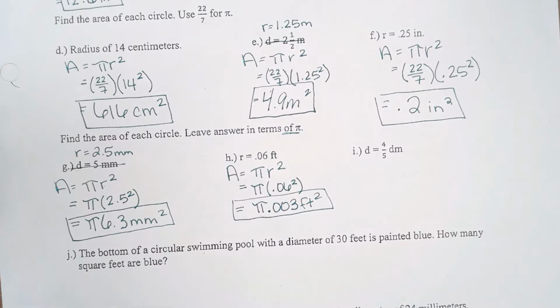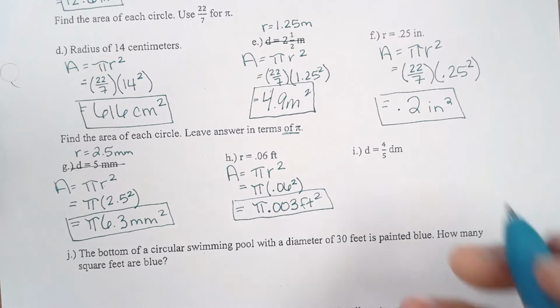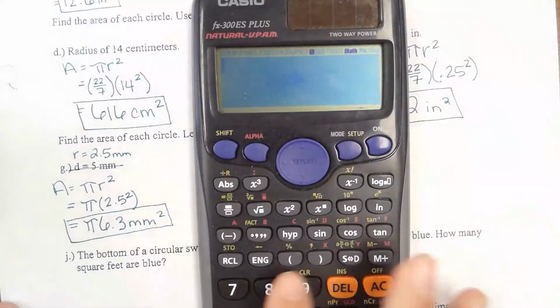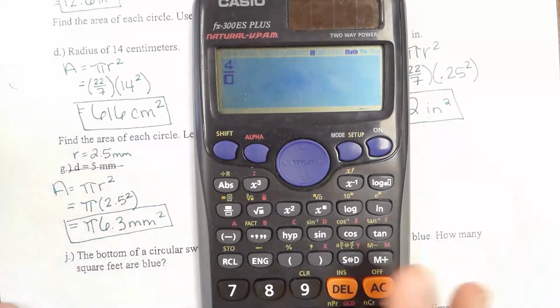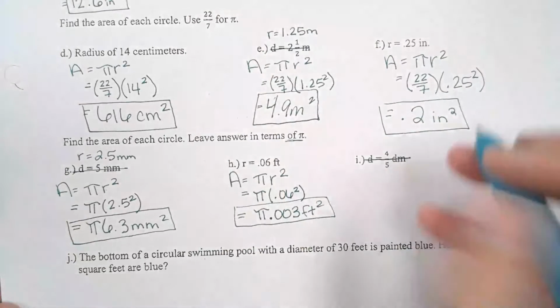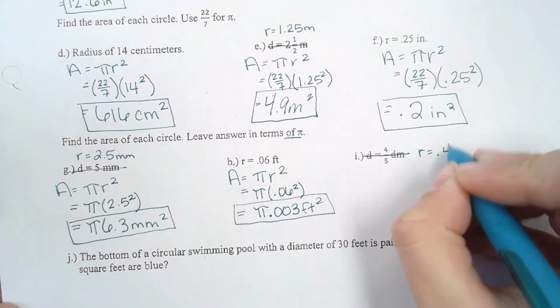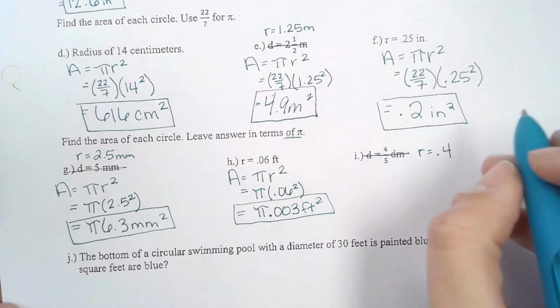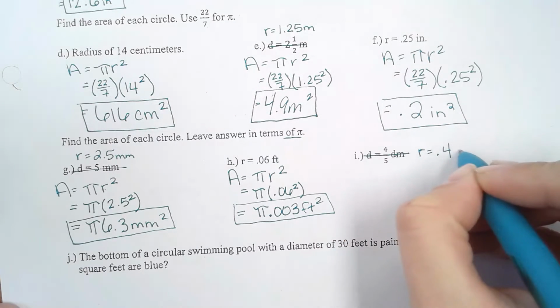All right, and then the last one, so we have a diameter of 4/5. Again, we don't want diameter, we want the radius, so we're just going to divide that 4/5 by 2. So 4/5 divided by 2 gives us 0.4, so we have a radius of 0.4. And it looks like our units were dm.